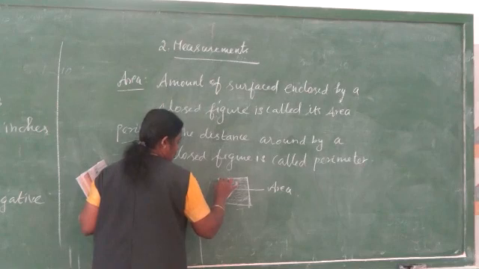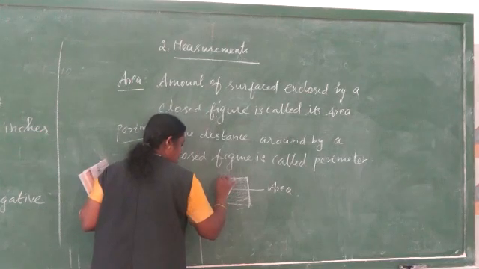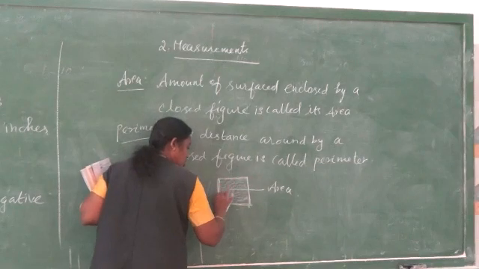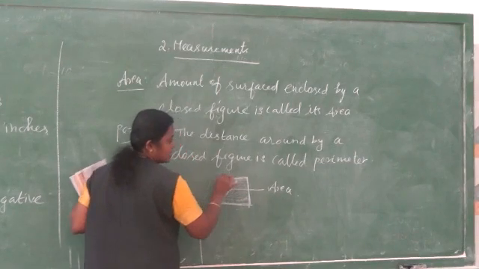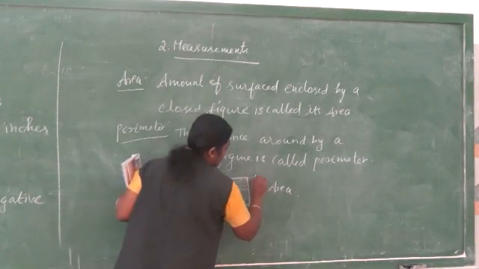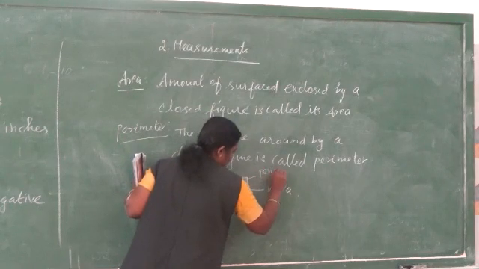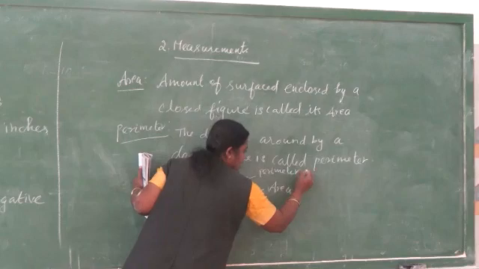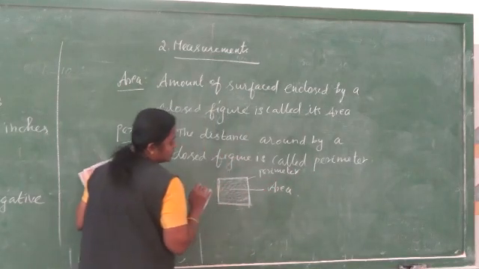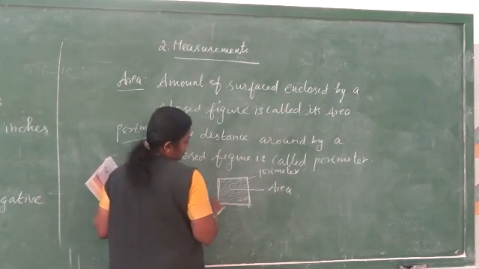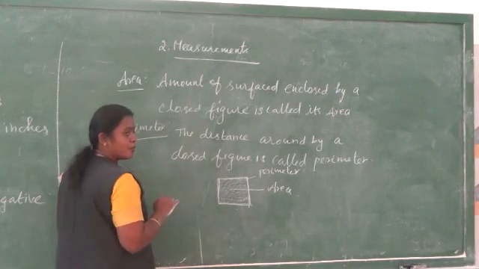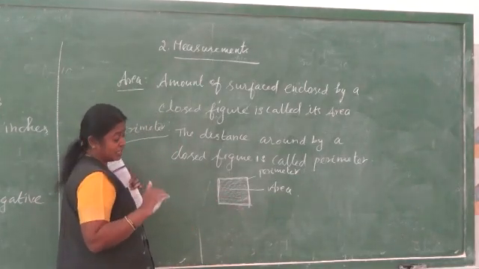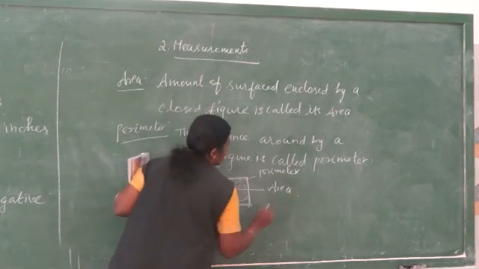The distance around a closed figure, or else you can say simply the boundary line of the closed figure, is called its perimeter. Whenever you are thinking about the perimeter, you can remember your house compound wall. If you are going to construct a compound wall, you should measure a perimeter. Suppose if you are going to construct a building, you should measure an area.